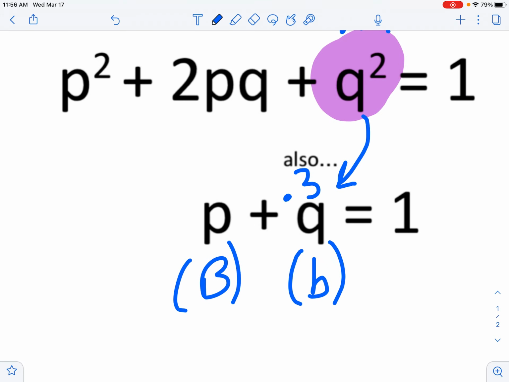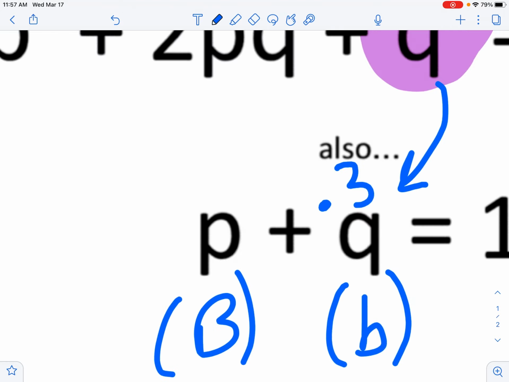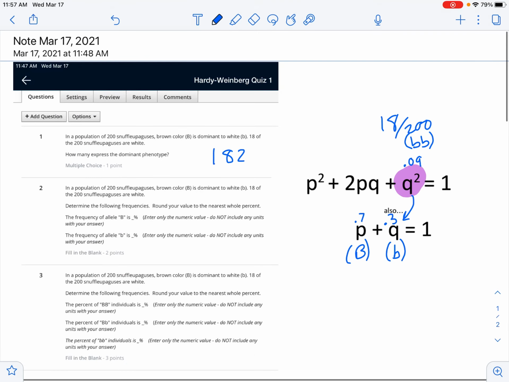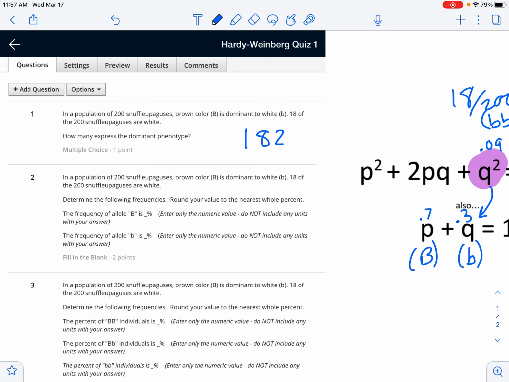To figure out p, something plus 0.3 equals 1, so it's the difference of 1: 1 minus 0.3 is 0.7. So the frequency of allele B is 0.7, and the frequency of the allele lowercase b is 0.3.